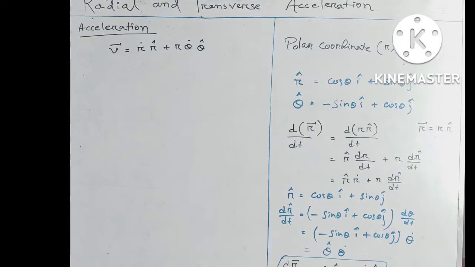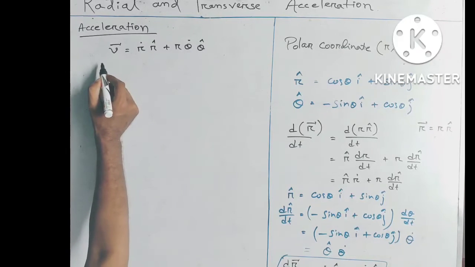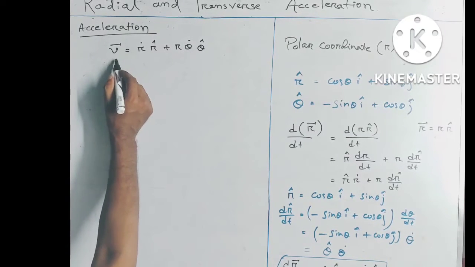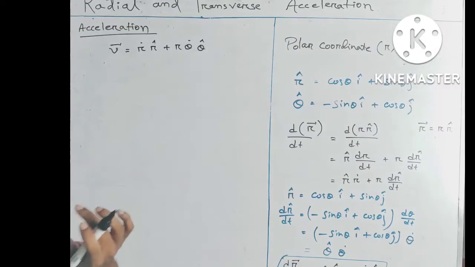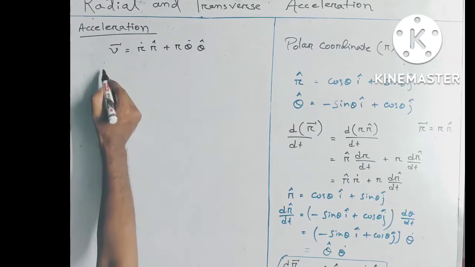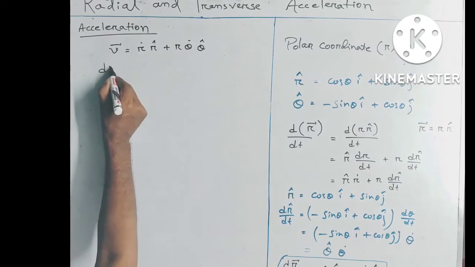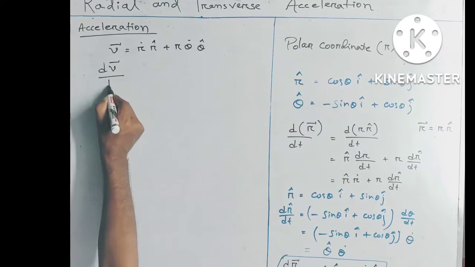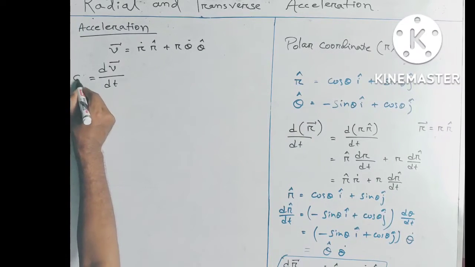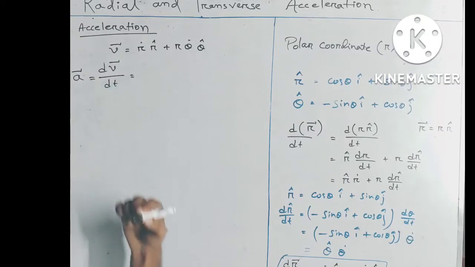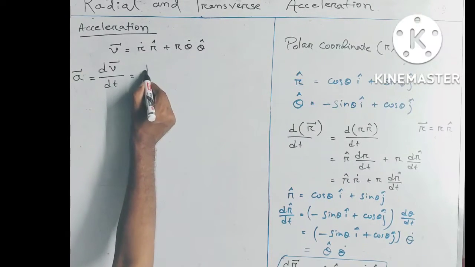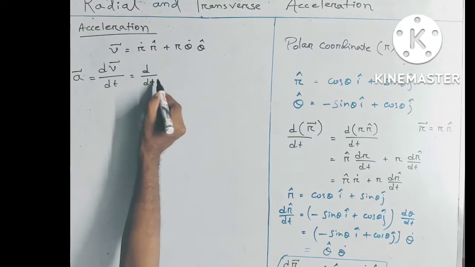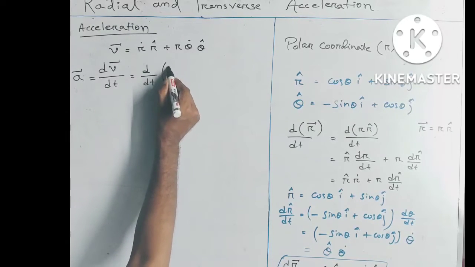This is the velocity vector. Then how do we find acceleration? You have to take the derivative dv/dt. It will give us acceleration. Simple. So let's do this.